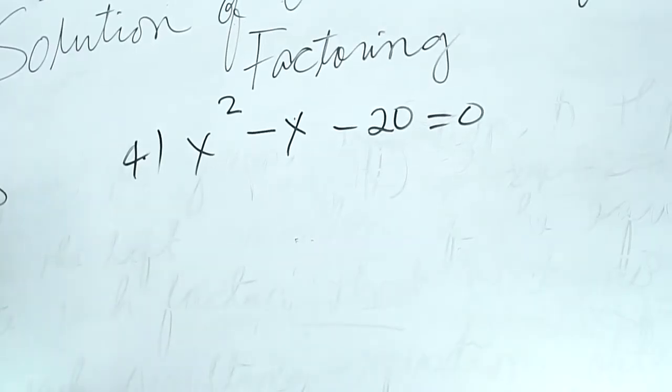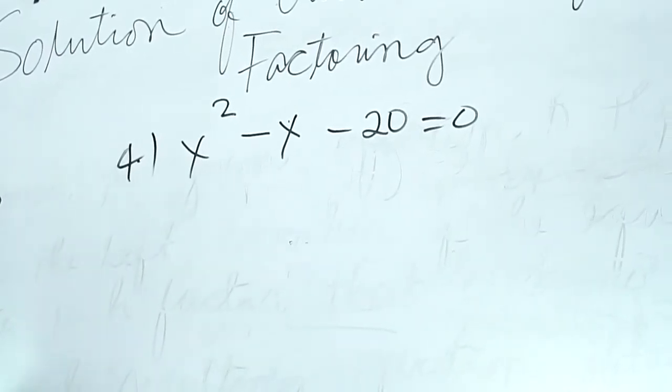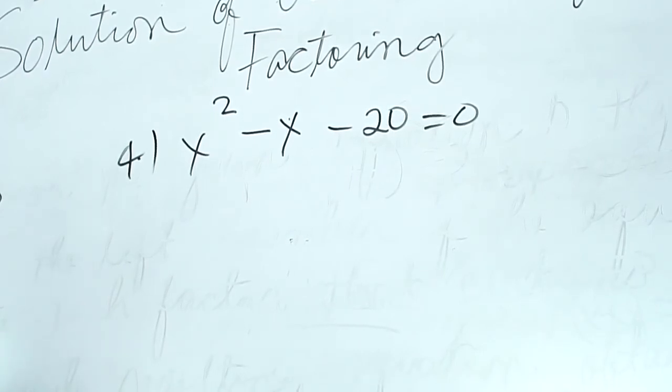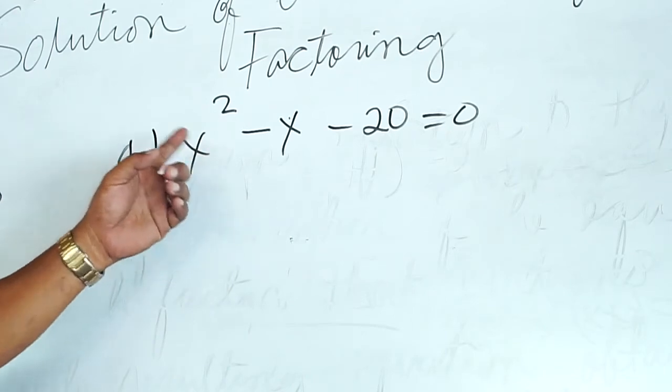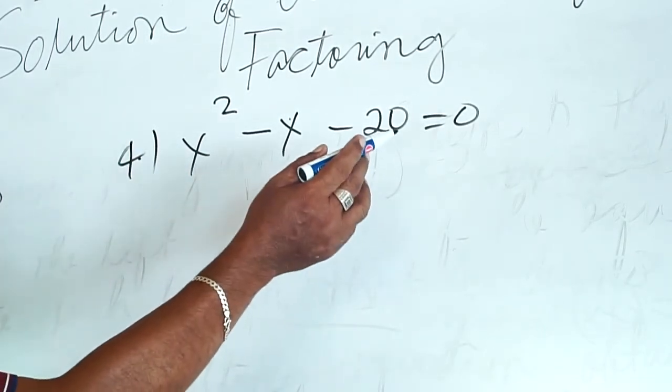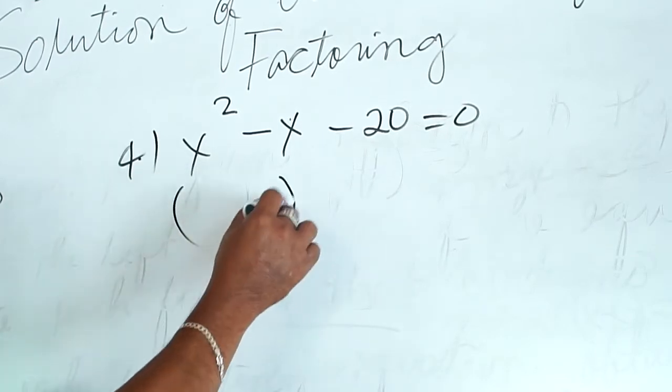For example number 4, x squared negative x negative 20 equals 0. This equation is in the standard form of a quadratic equation. Then write the two adjacent parentheses.